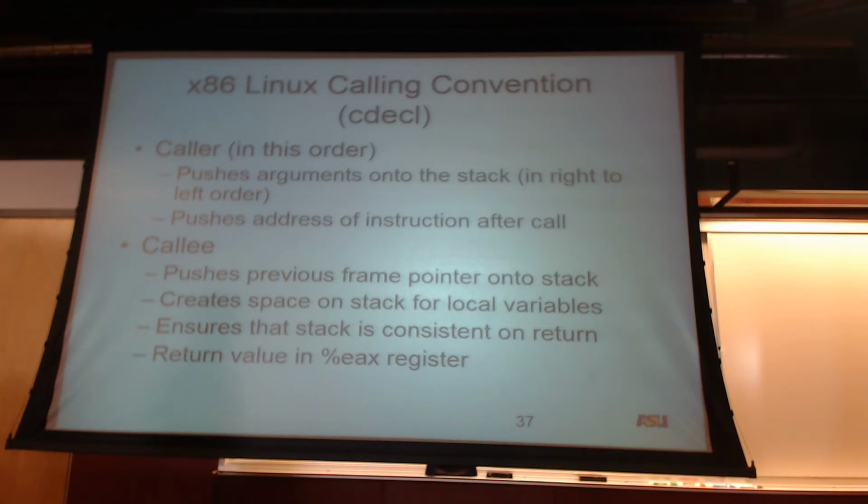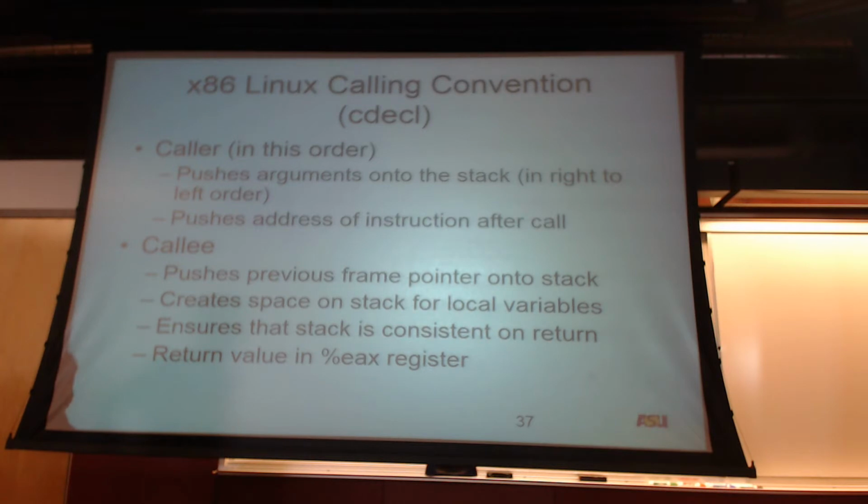Why do you do it in the reverse order? Can you give me a reason? Can you think of a reason why you push the variables in the reverse order? First in, last out. No, that is how you are manipulating the stack. When you pop, you're going to have the first one. No, that's fine.